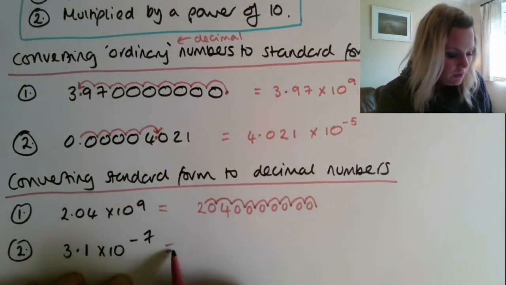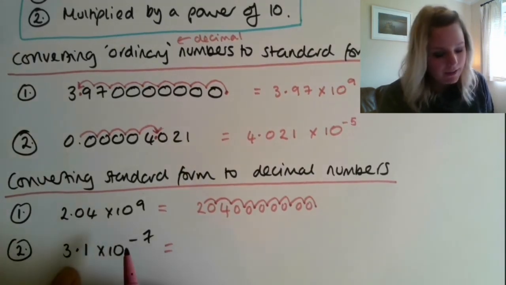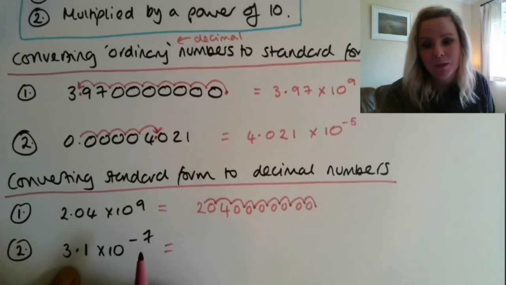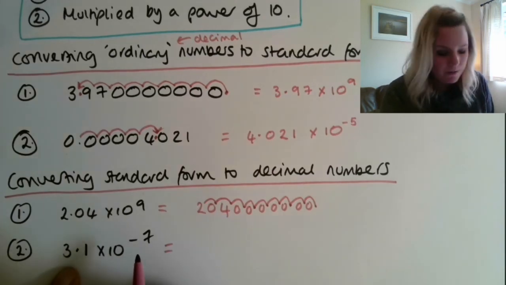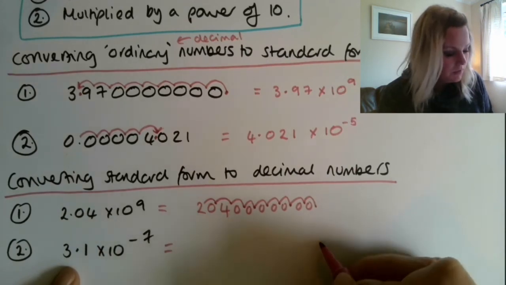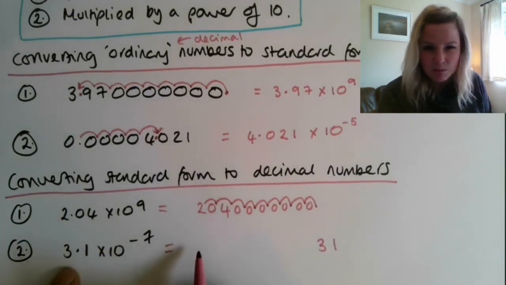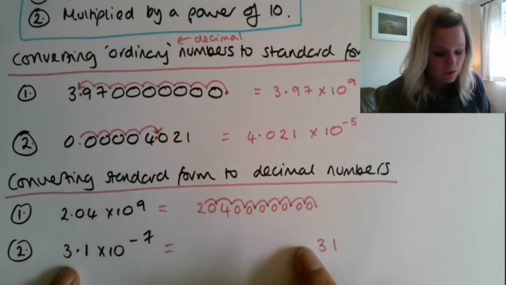Now, with ones like this, 3.1 times 10 to the minus 7, automatically I'm thinking, well this is a wee tiny number because it's a negative power. So I don't start writing my 3 and my 1 here, I write it over here because I know I'm going to end up putting zeros in here before my decimal point, so I leave myself plenty of room to do that.